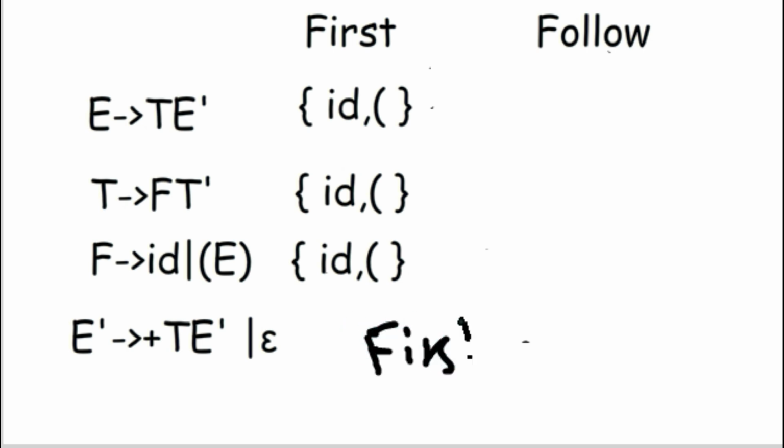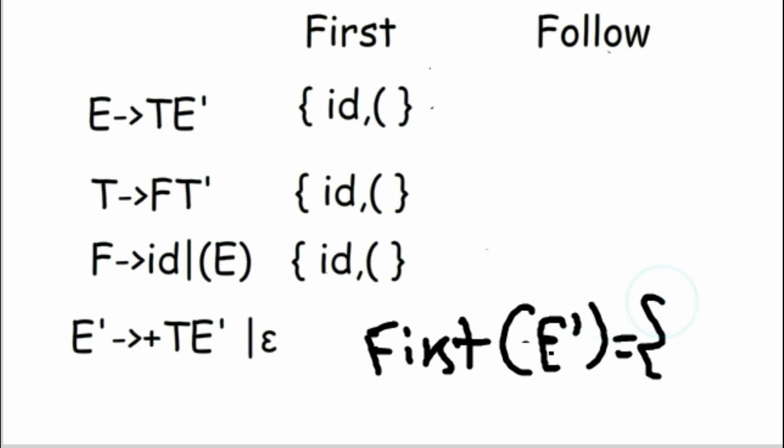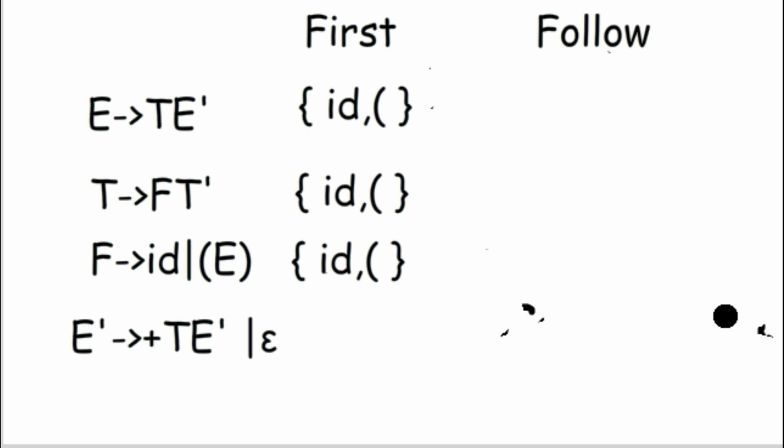First of e dash, in curly bracket, is plus, comma, then epsilon. So this is the first of e. It's plus and epsilon. So let us write it down. In curly bracket, it's plus and epsilon.